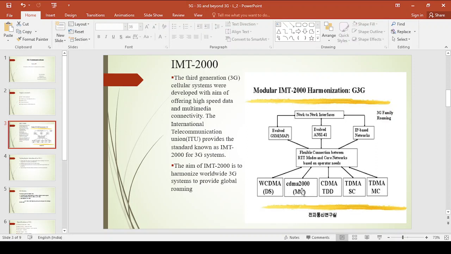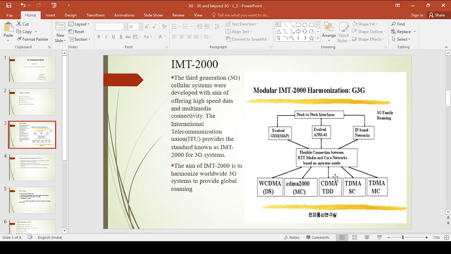Europe made one proposal, Japan made one proposal, and China made one proposal. CDMA TDD was proposed by China, WCDMA DS, which is direct spread, was proposed by Japan, and Europe and Korea each made one proposal.